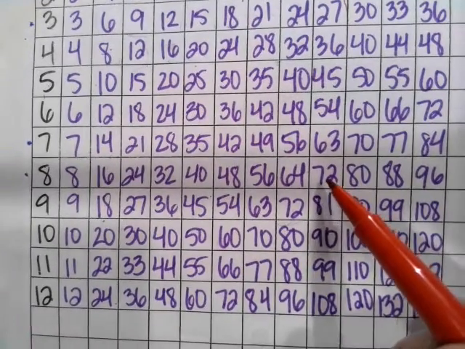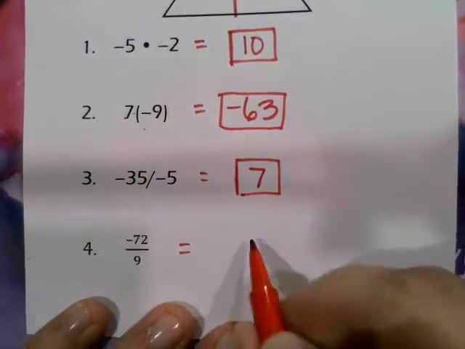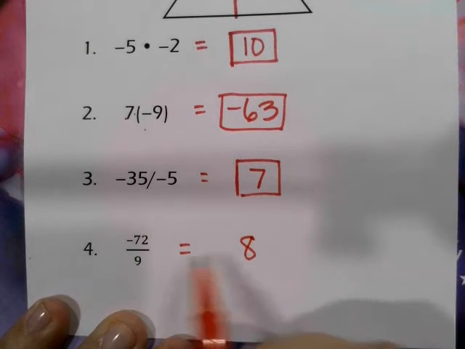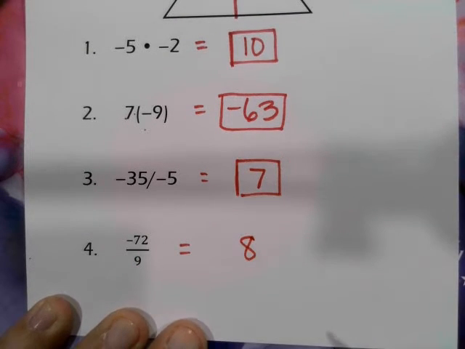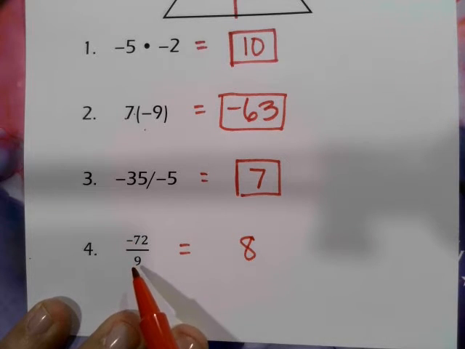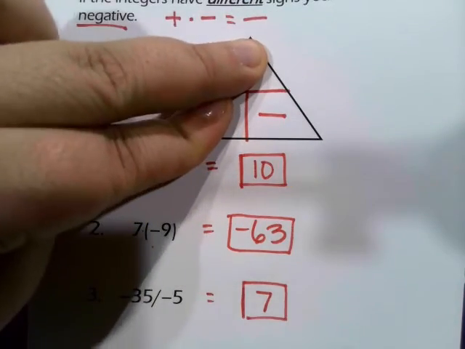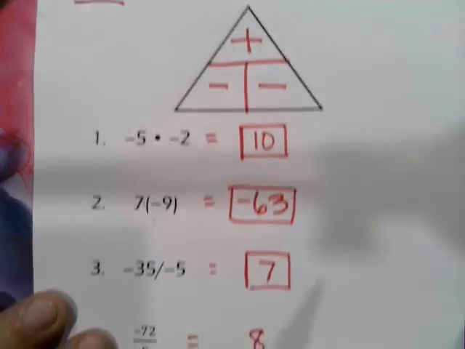Then move all the way over, and we see that it's 8. That's because 9 times 8 is 72. Now to find our sign, we're going to cover up a negative, cover up a positive. So our answer is -8.